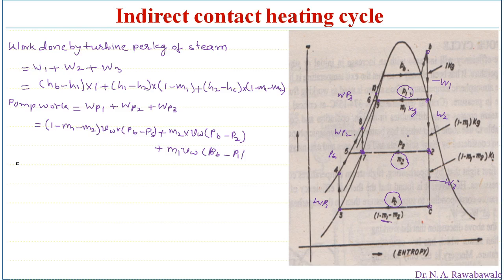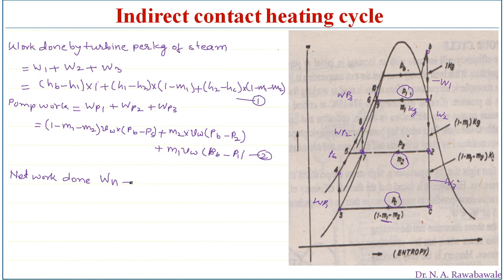So net work done can be obtained as Wn. We can call the turbine work equation number 1 and the above pump work equation number 2, say.